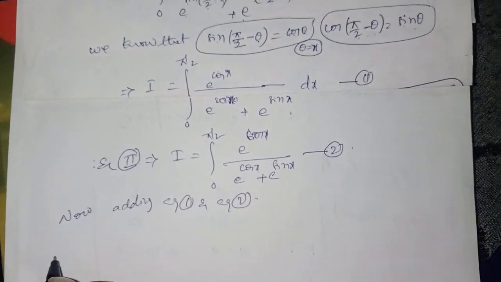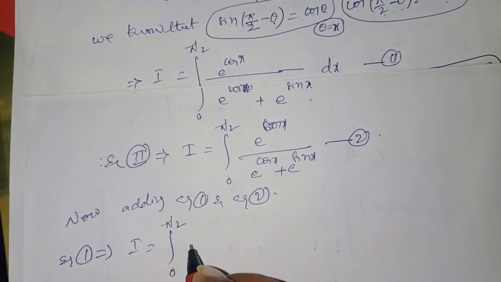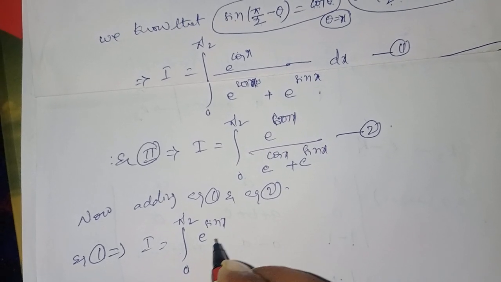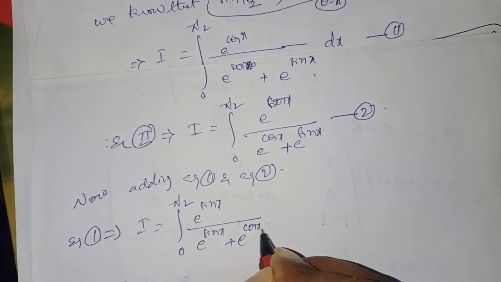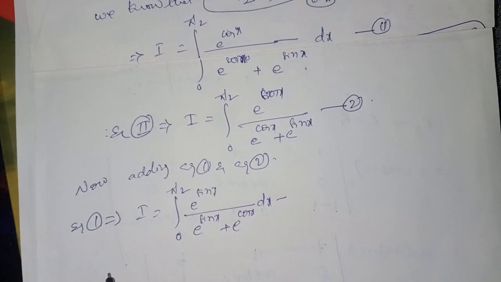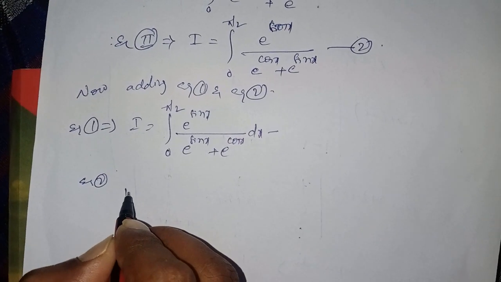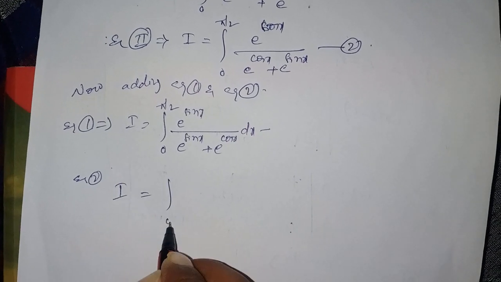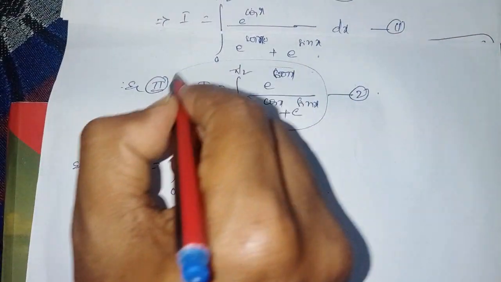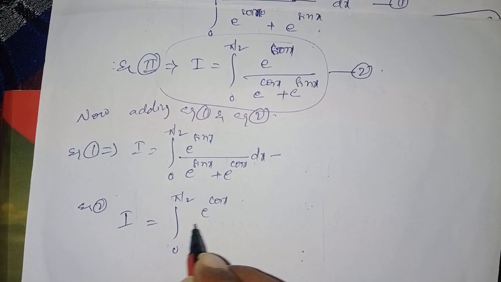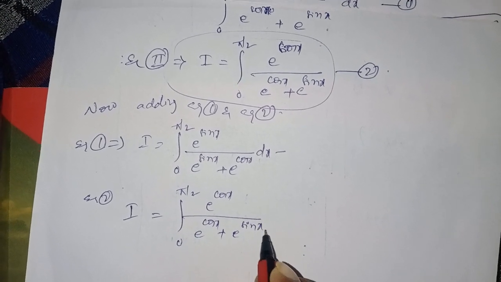First, equation 1 is I equal to integral 0 to pi by 2 e power sin x whole upon e power sin x plus e power cos x dx. Next, equation number 2: I is equal to integral 0 to pi by 2 e power cos x upon e power cos x plus e power sin x dx.